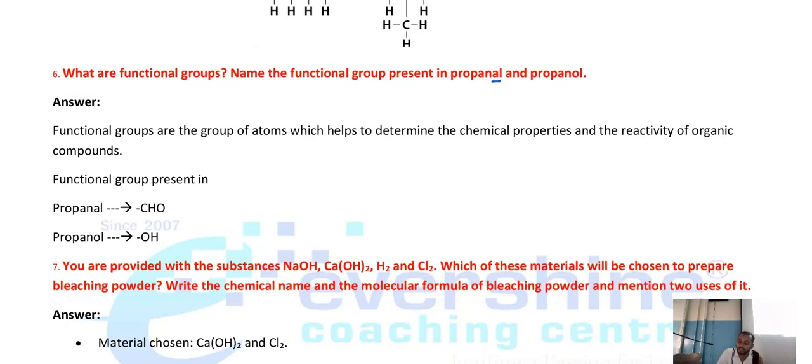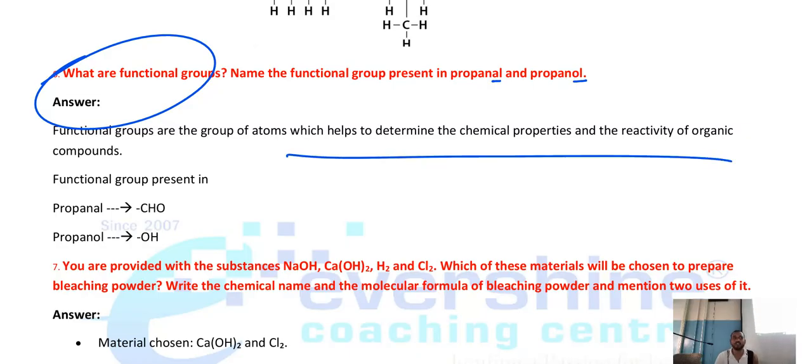As you can see here, here is 'al', here is 'ol'. So we know the definition of functional groups. They help us to determine the chemical properties of organic compounds. Remember the definition of functional group? Functional groups are the atoms or group of atoms.